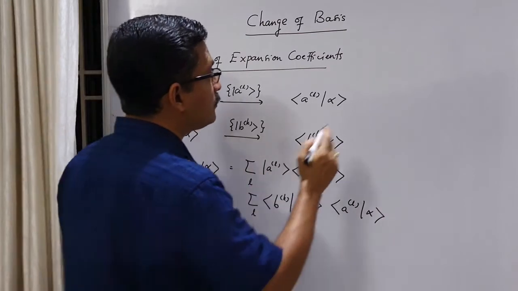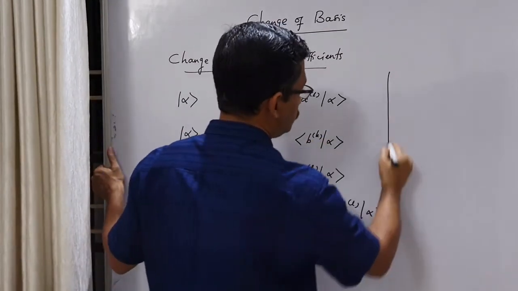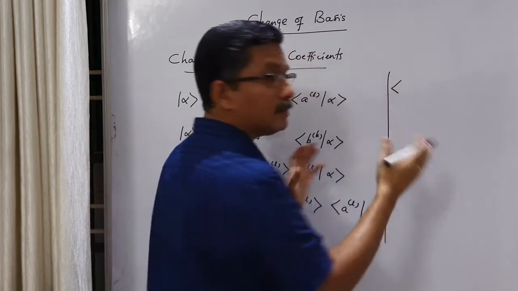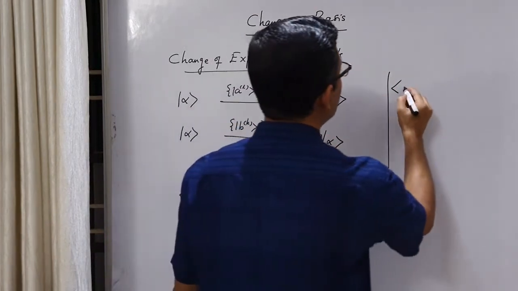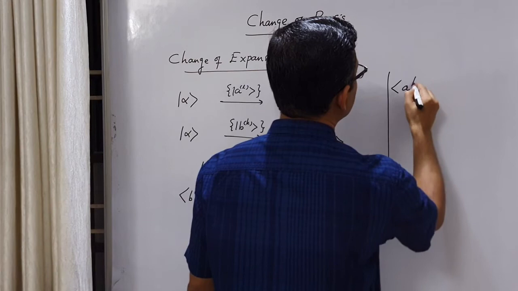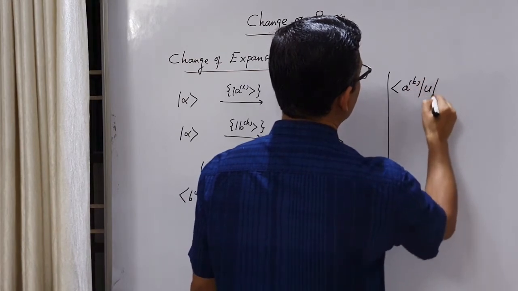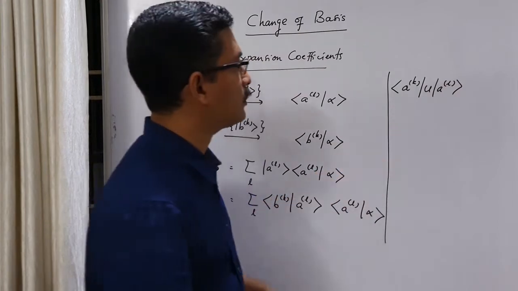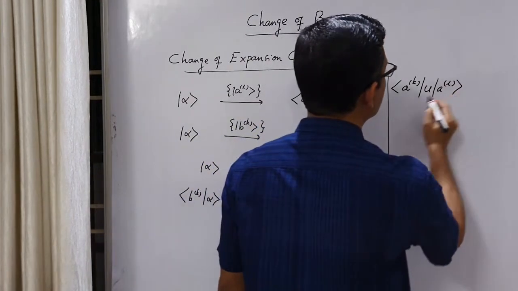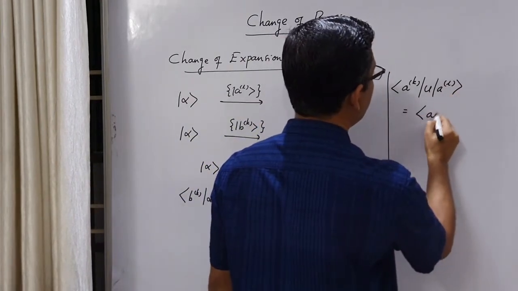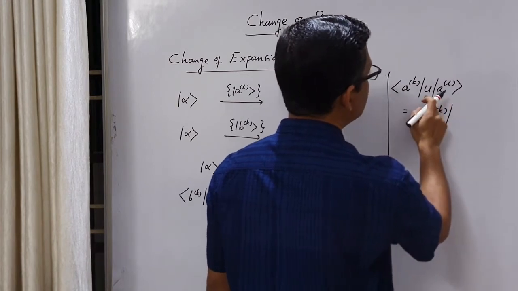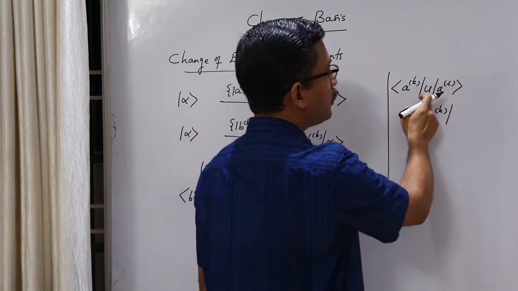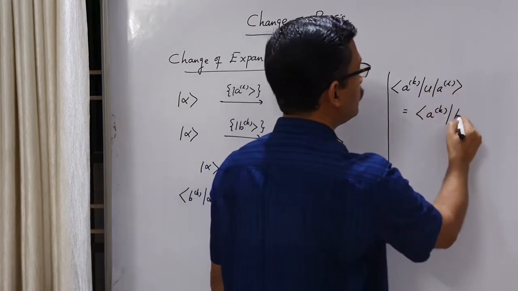For example, what is the kth matrix element of operator U? See, bra AK, U, ket Al. This is the kth matrix element of operator U, and this is equal to bra AK, ket Bl. What happens when U acts on ket Al? When the unitary operator acts on the old basis, you get the new basis Bl.